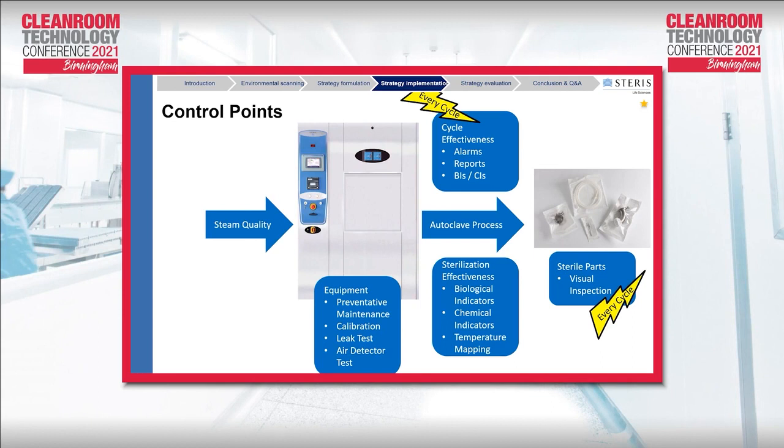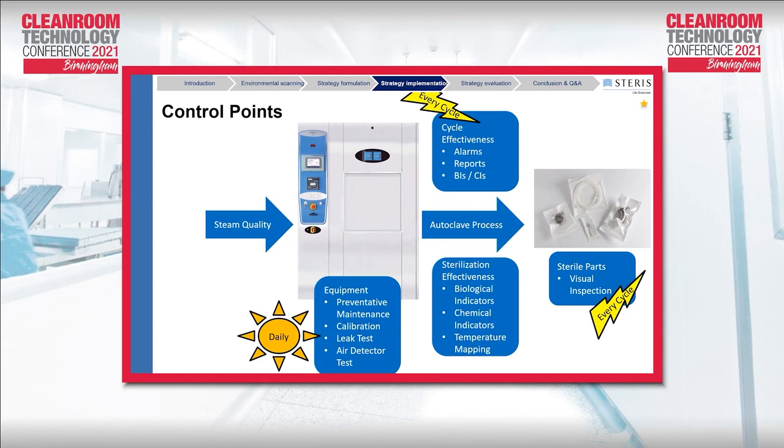After you have defined your different cycles, based on your risk assessment and based on the level of the risk, you will be looking at, for example, every cycle, a visual inspection of the parts at the end of the sterilization, or every cycle you will be looking if there is any alarm, if the shape of the sterilization profile, pre-vac, exposure, and then post sterilization is adequate.